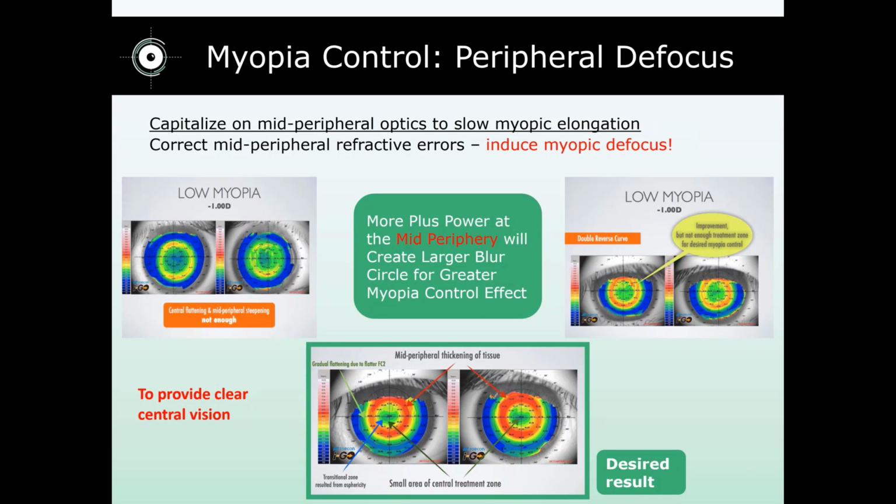The result is very good, 20/20 in the morning, throughout the day. But look at the red zone, it's not enough. So I build it up more. Is it enough? No, you want to have even more. We'll talk about that later. So by building up the mid-peripheral red zone, you also have to remember to provide a clear central vision.